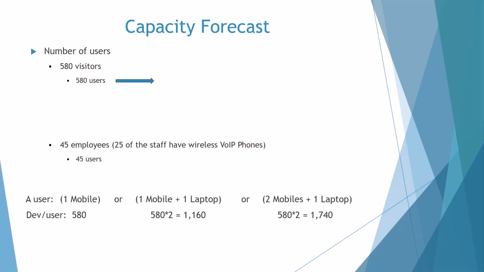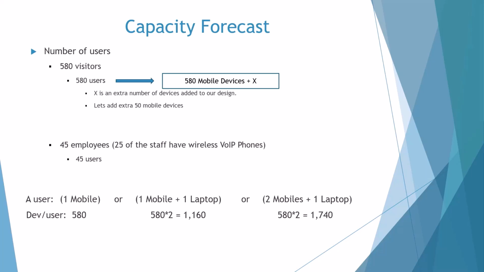For the concert hall environment, there will be 580 mobile devices plus X. X is just another number of devices that could be added to accommodate our future expansion or future additions of devices.